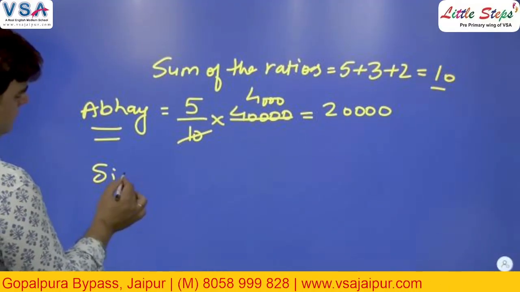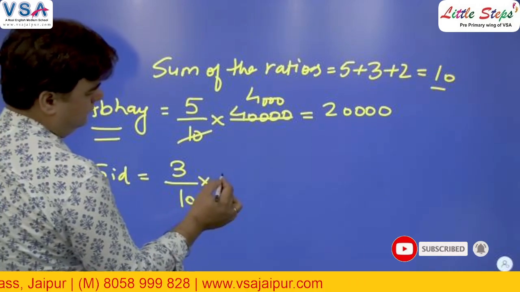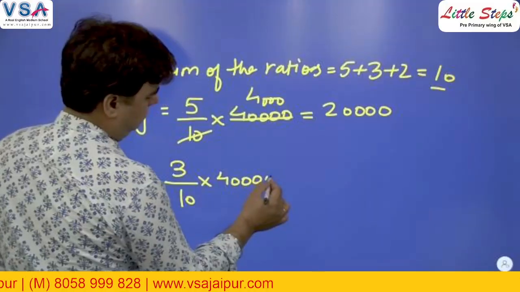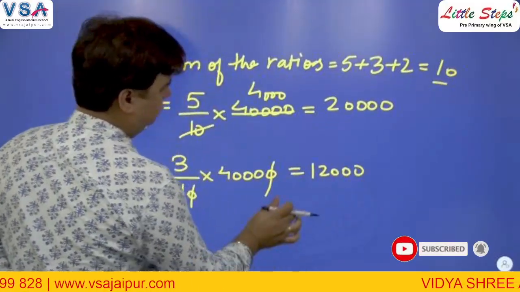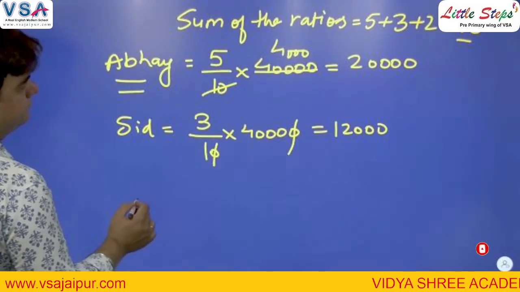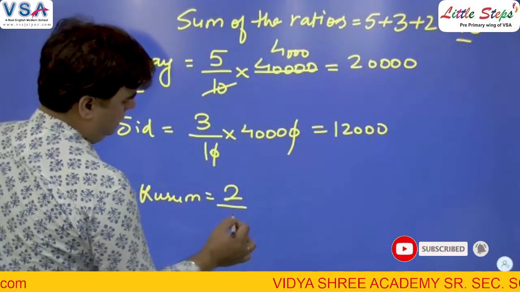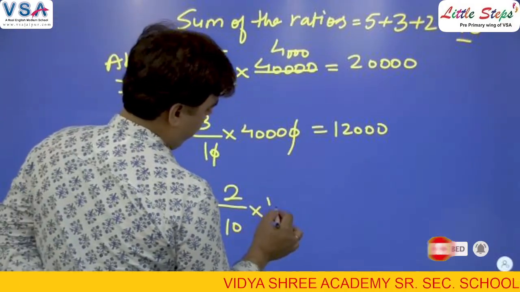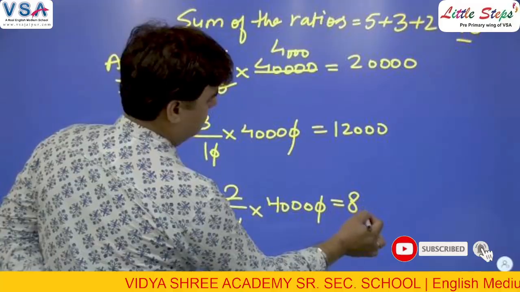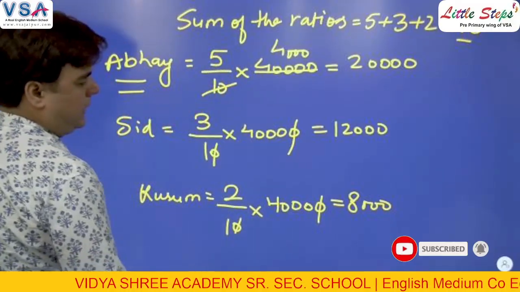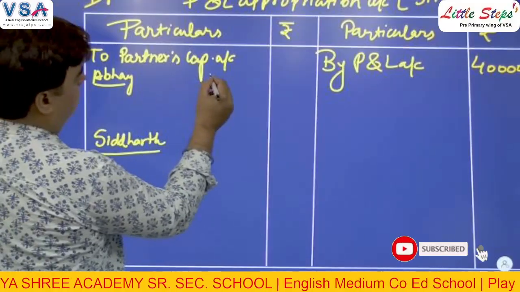For Siddharth, it will be 3 upon total multiplied by 40,000. 0 and 0 cancel out, 12,000. Then we have Kusum, 2 upon 10 into 40,000. Simply we will be having 8. So 28 and 12. This will be posted here.